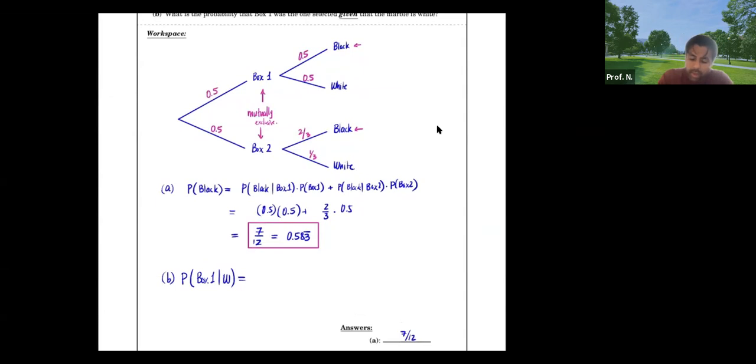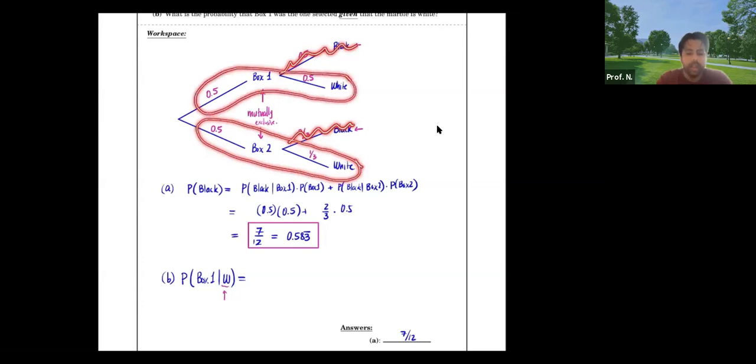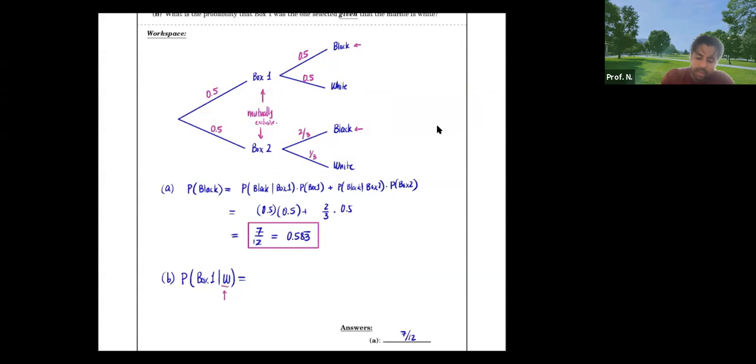Remember, when we talk about conditional probability, the given event becomes my new sample space. So we don't worry about this, we don't worry about this. We only worry about this possibility and this possibility. That's why the denominator becomes that whole sum that we saw.